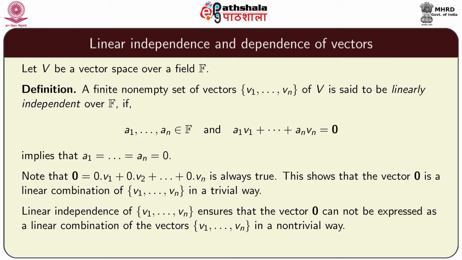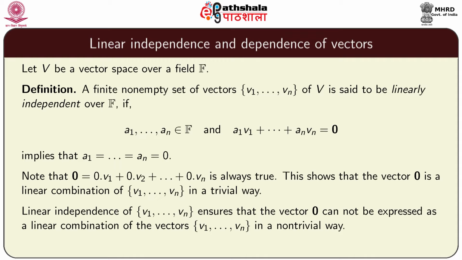What does that mean? We have the trivial linear combination, that means 0 dot V1 plus 0 dot V2 etc. up to 0 dot Vn is equal to the 0 vector, and this is always true. Therefore, the 0 vector is surely a linear combination of V1, V2, ..., Vn, whatever these V1, V2, ..., Vn are.